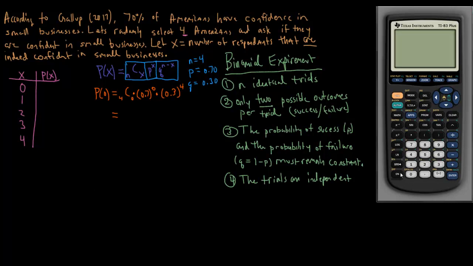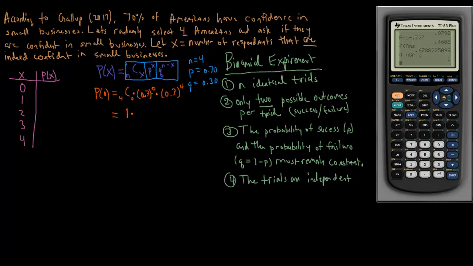So you go over here to your calculator. 4, go to the math menu, scroll over to the probability menu, go down to nCr, and 4 choose 0, and what do you get? 1. Any whole number, choose 0, is 1. Okay? So that first number looks like it would be difficult, but it's just 1.